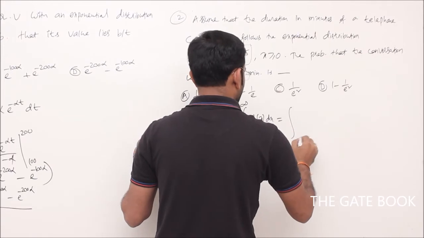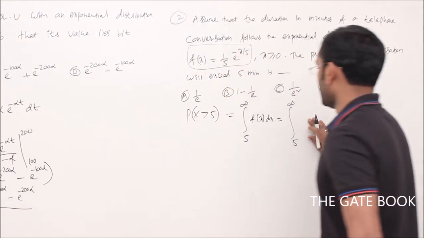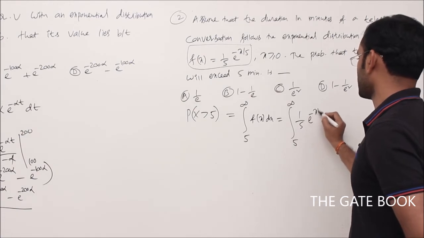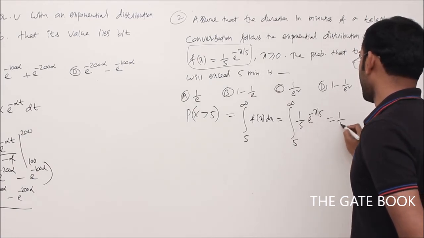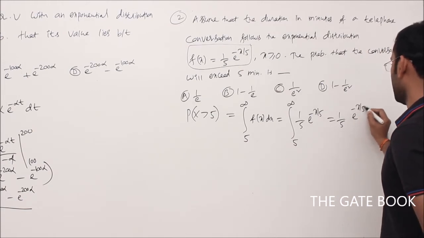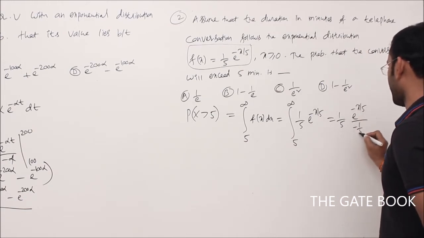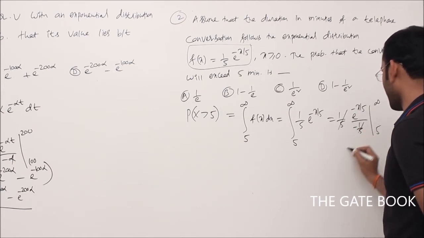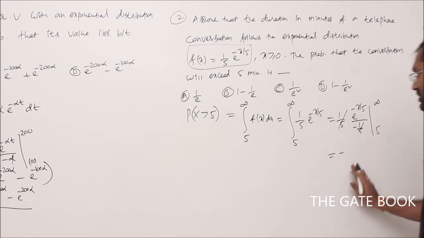So the integral from 5 to infinity, where f(x) is 1 by 5 e power minus x by 5. 1 by 5 is a constant, and the integration of e power minus x by 5 is e power minus x by 5 by minus 1 by 5 between limits 5 to infinity. Here 1 by 5 will get cancelled. Put that minus outside.